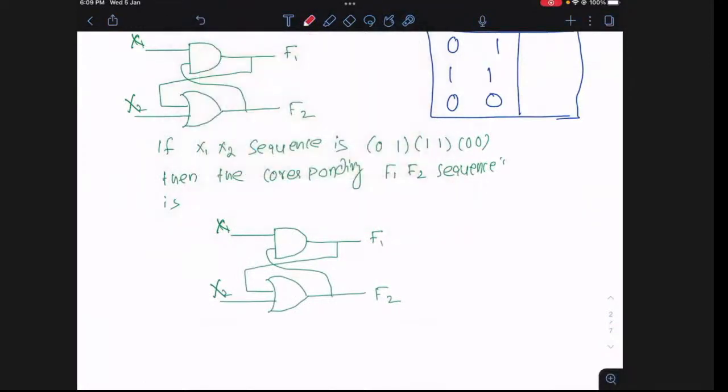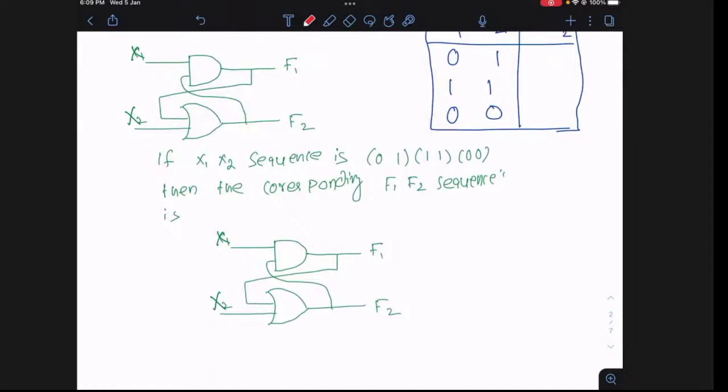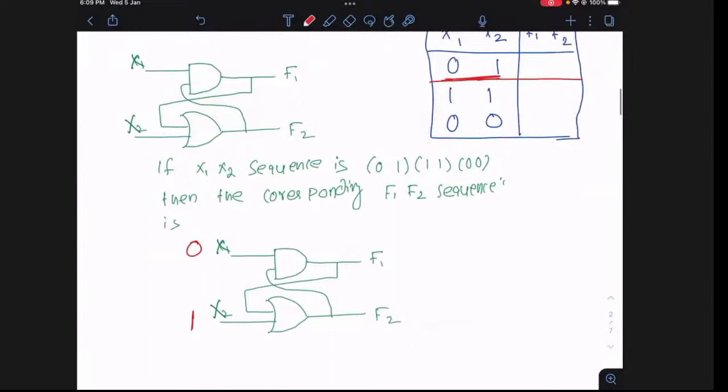Coming to the first case, the input I want to give is 0, 1. So this is 0 and this is 1. You know very well, this is an AND gate and this is an OR gate. If one of the inputs to the AND gate is 0, then irrespective of the other one, its output is 0.